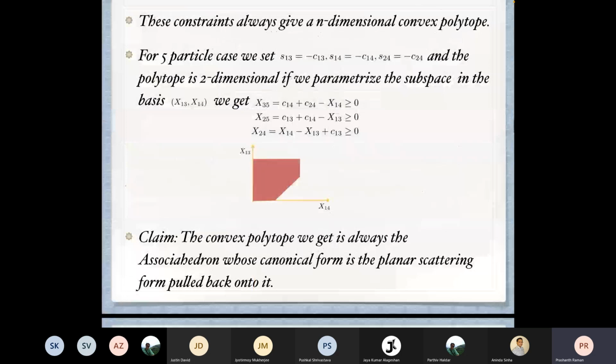And we can solve those relations in terms of some basis, say x13, x14, and get the other three, x35, x25, and x24. Now, after I do this, I impose positivity of everything, right? So x35 is positive, x25 is positive, and x24 is positive. You can see that this set of inequalities gives you this region, which I've shown in red, which is a pentagon in the x13, x14 space.